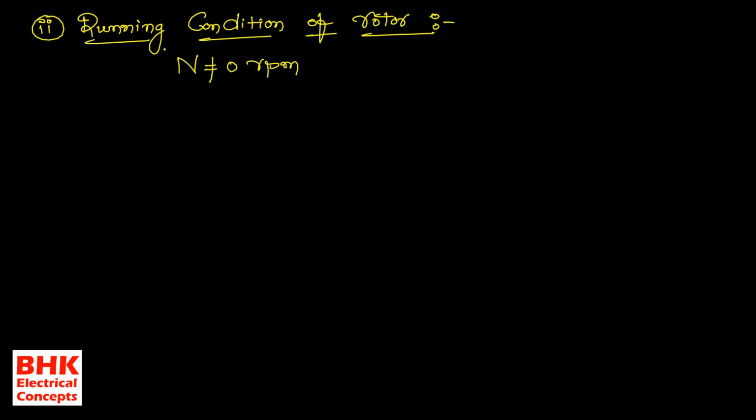Under this case n is not equal to 0, and ns is, for example, some value of the rotating magnetic field, say 1000 rpm. And for example, under running condition the speed of the rotor is 900 rpm. Now there is a presence of n and ns in the slip.